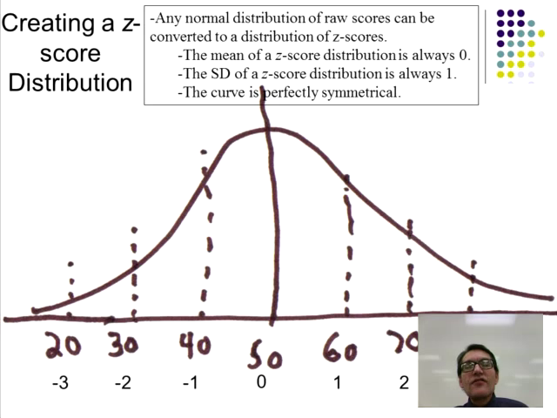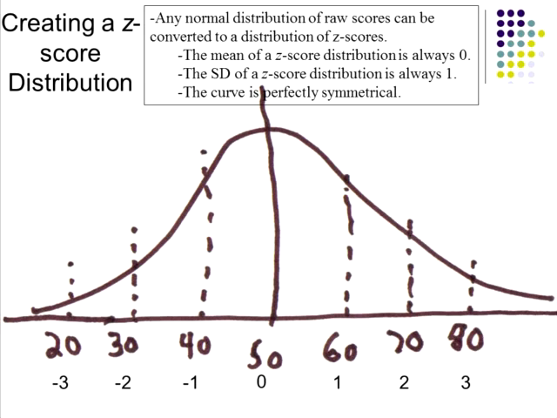Since it's got a standard deviation of 10, 10 raw score units will correspond to 1 z-score unit. 10 below is minus 1. And so, lo and behold, it maps out nice and pretty.